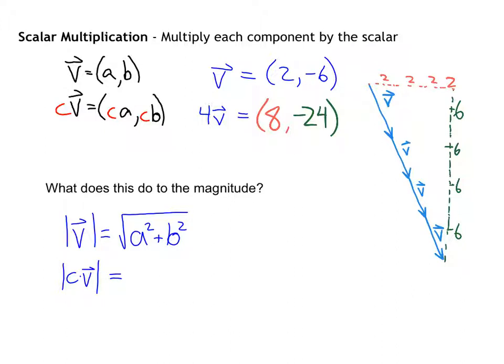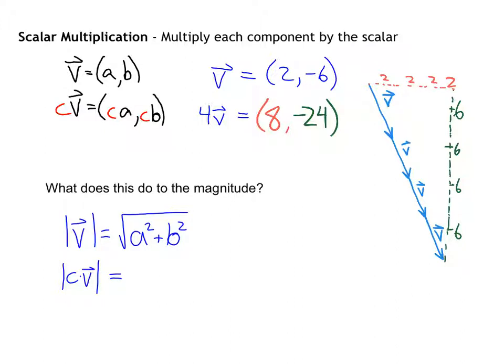Now, let's think about what this does to our magnitude. Does anyone have a thought of what they think it does to the magnitude? Yeah, Anna, that's right. It multiplies it by 4. Let's actually see that happen here.